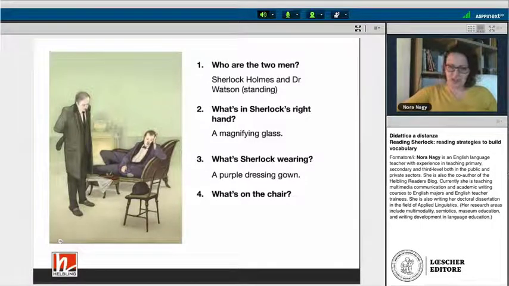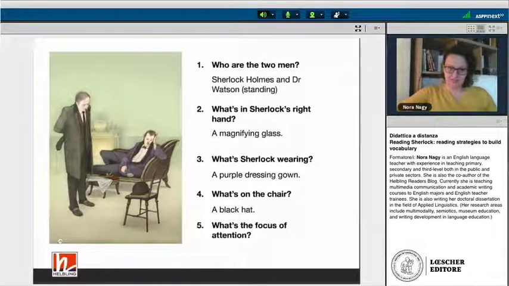Okay, what's on the chair? The old hat. A hat. Yes. Very nice. So there is a black hat on the chair. And what is the focus of their attention? What is the focus of attention here?